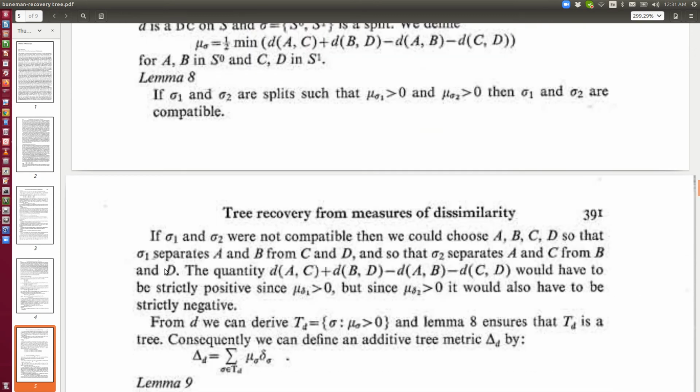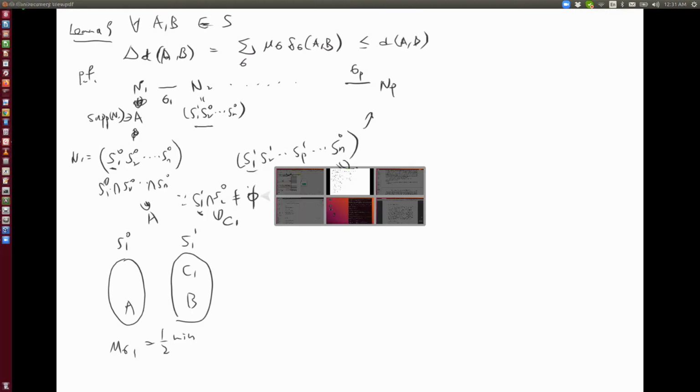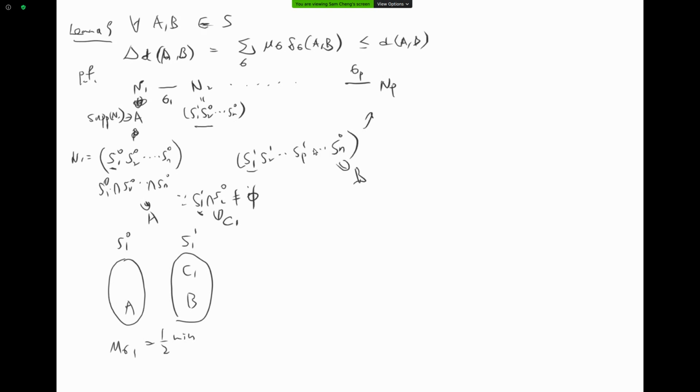I can go back to the construction, which is a minimum: find A, B, C, D such that sigma separates A, B from C, D. Here my sigma 1 splits A from C1 and B. So I can pick A twice, and maybe I can even skip this minimum.